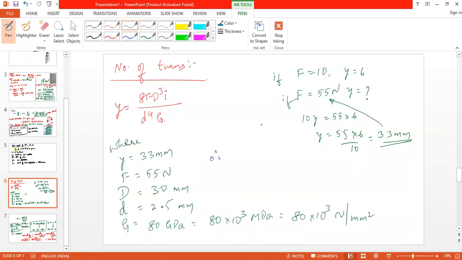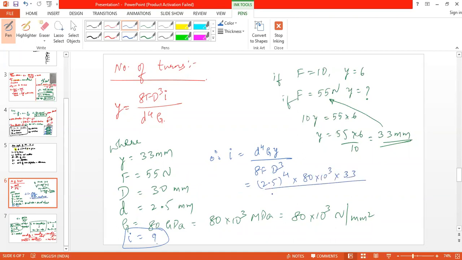Therefore, I don't know the value of I. That is what we need to find here. So I is equal to d^4 G y divided by 8 F D^3. That is equal to 2.5 to the power of 4 into 80 into 10 power 3 multiplied by 33, divided by 8 into 55 into 30 cube.